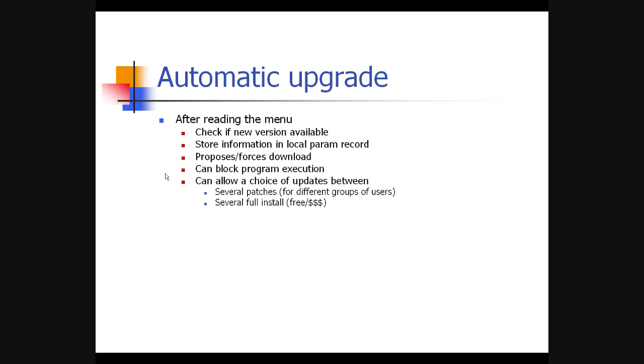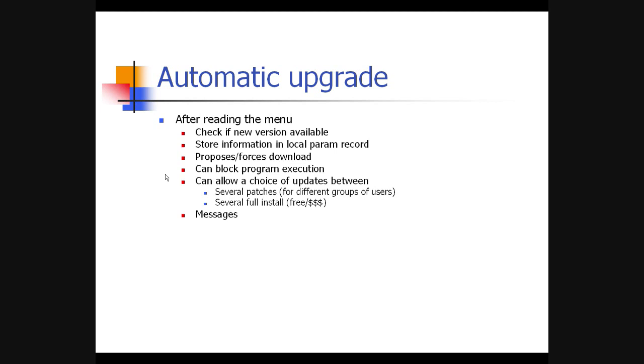There can also be several full installs. It's the example I was giving you earlier: you have the free version and then you have another full install where the user has to pay. And in that case, you can have a link directly to the web page where he will get his new license key after he has paid for it.